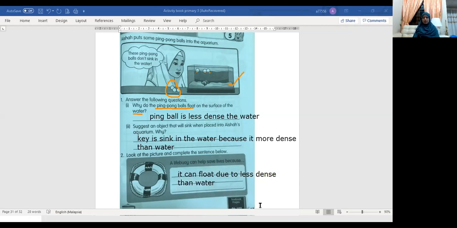So complete your answer here. It can float because of the density. If the lifebuoy is less dense than water, that's why it floats. Okay, have you completed the answer? If done, let's proceed to page 68.